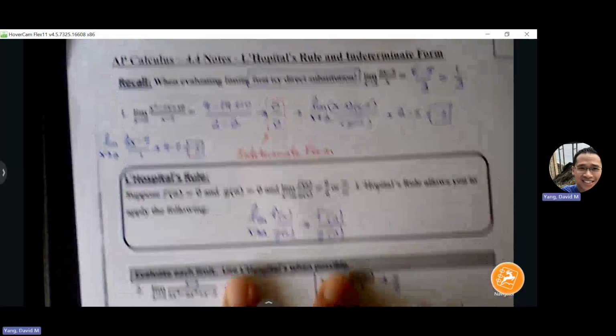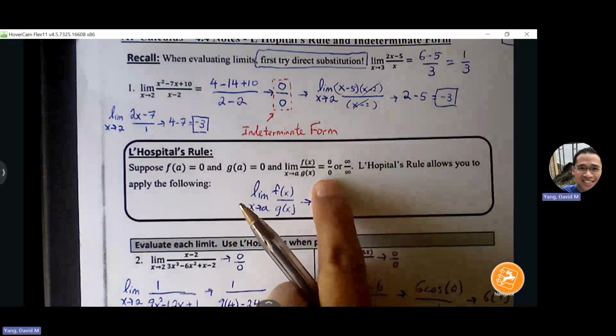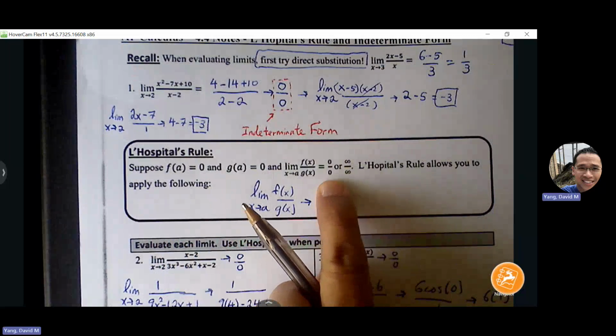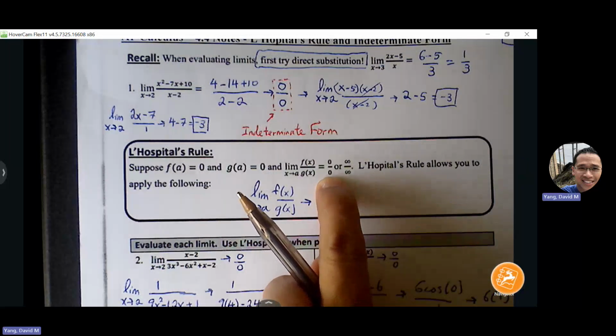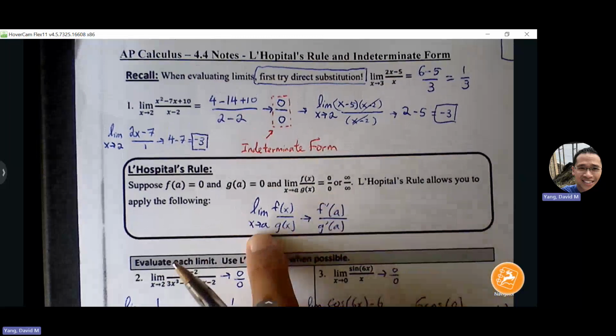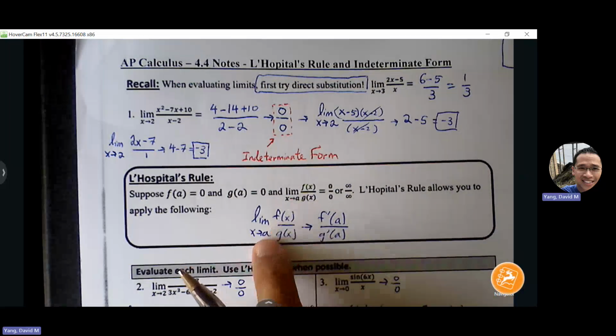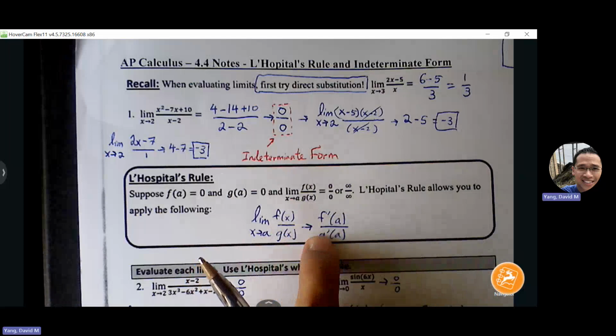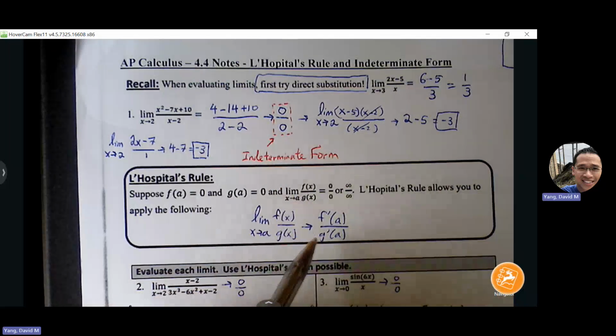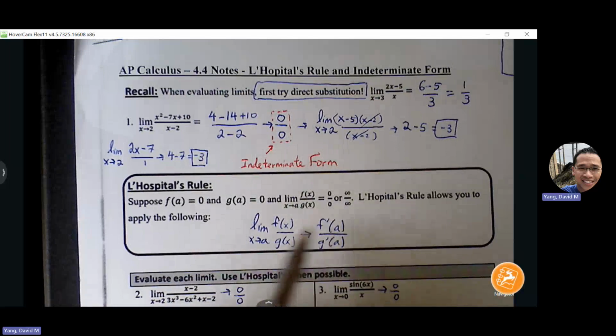Okay, so here's what L'Hopital's rule says. If you're getting a 0 over 0, or infinity over infinity, but typically, again, it's more useful for us if we see 0 over 0, we can take the derivative of the numerator and denominator and then reevaluate. Now, I don't want us to fall into a trap and think that I can now start doing this for my derivative. If it's asking for the derivative, I still have to go through quotient rule, right?